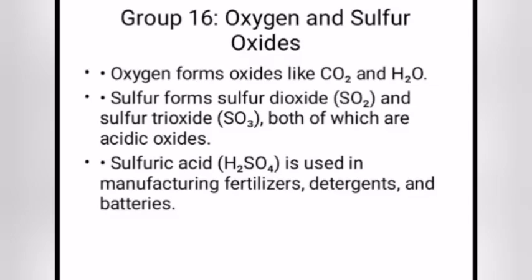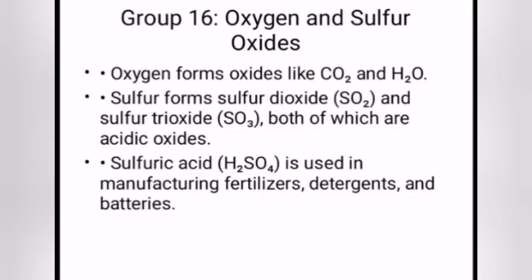Sulfur and oxygen are in the same group, but they react with other elements to form oxides, and when oxygen reacts with sulfur, it can also form oxides. These oxides are usually acidic oxides.